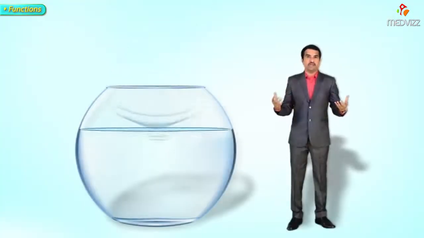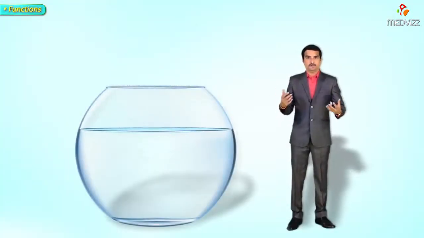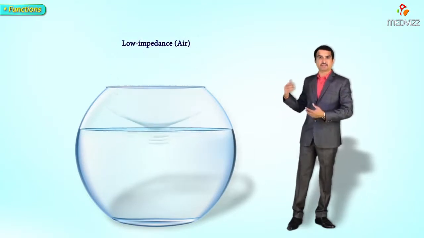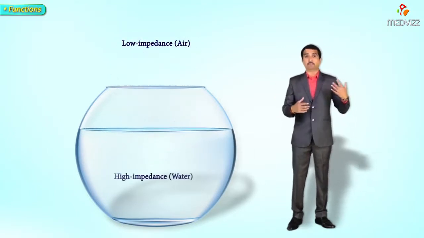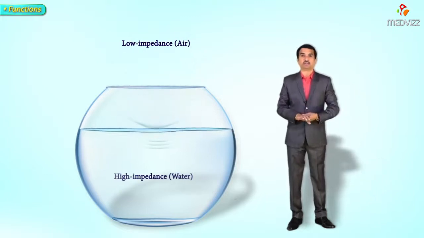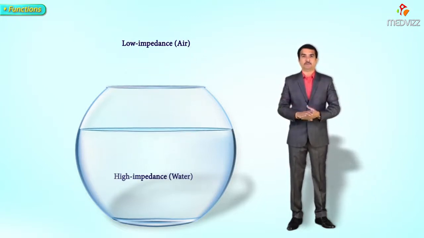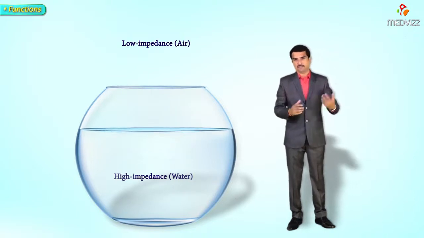When sound waves are transferred from a low impedance medium, air, to a high impedance medium, for example water, a considerable amount of energy is reflected and fails to enter the liquid.